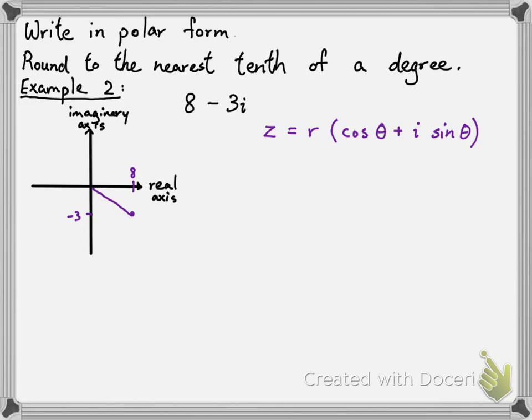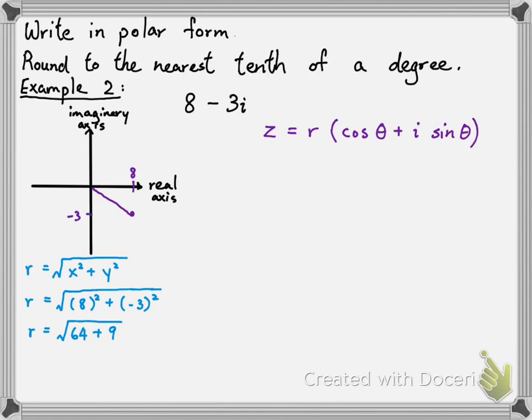To find r, we will have r equals square root of x squared plus y squared. Substitute x by 8 and y by -3. We have r equals square root of 8 squared plus -3 squared. Simplify. We have r equals square root of 64 plus 9, which is square root of 73.